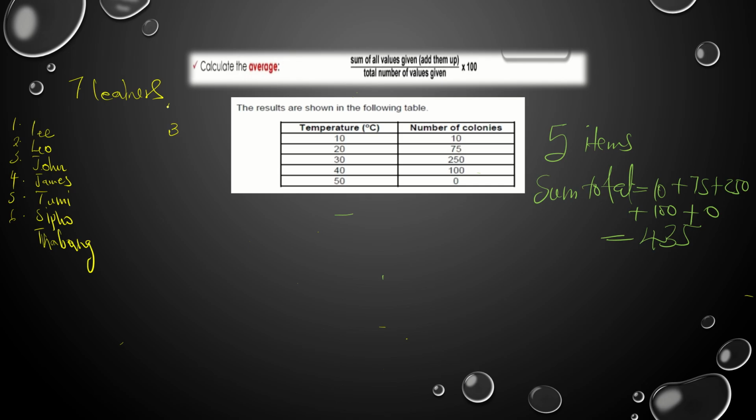Then this one had scored 3 balls in scores, right? Let me write scores. Those are the scores. Lee got 3 and Leo got 4 goals. They had 5 chances each. Then Lee scored 3, Leo 4, John 2, James only 1, Tumi 0, nothing was scored.